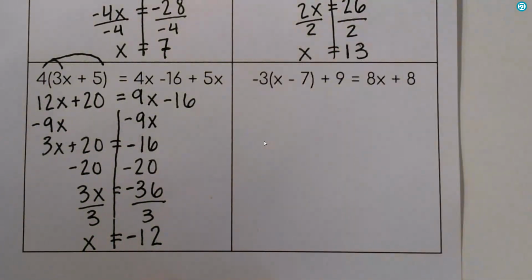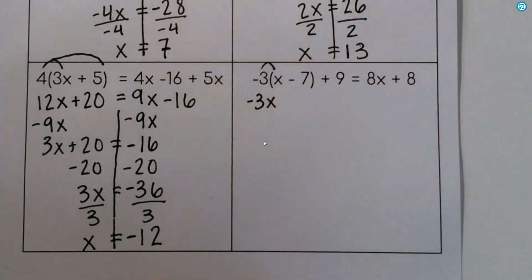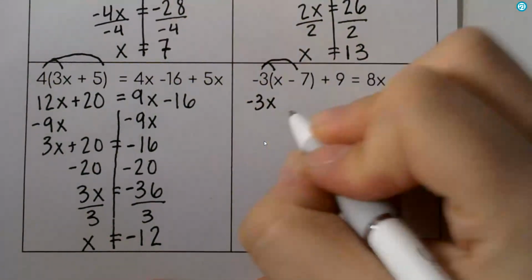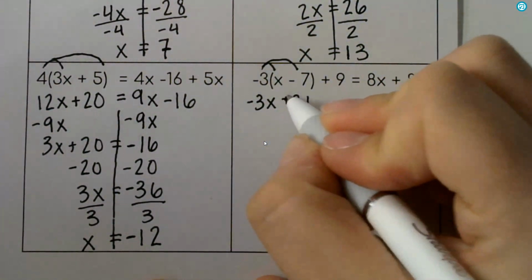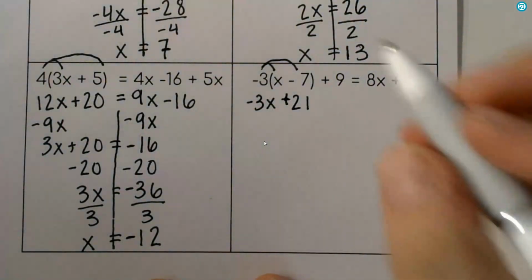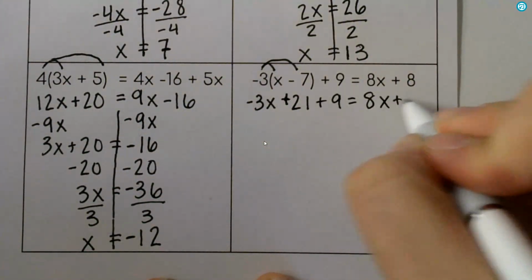Very last one: negative 3 times x is negative 3x. So you always distribute first. Negative 3 times negative 7 is positive 21. And I still have my plus 9 equals 8x plus 8.